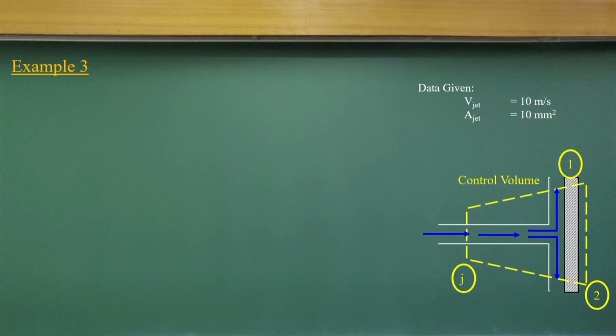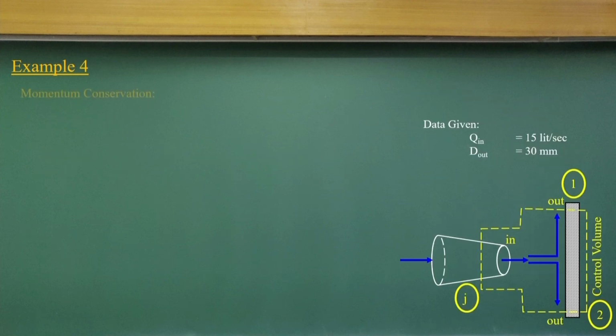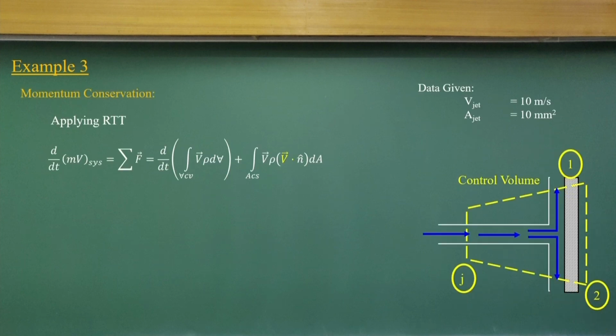Assuming that, we apply the momentum conservation equation, and it is a very simple thing. Momentum influx will equal momentum outflux. Applying the Reynolds transport theorem as the basic equation, the sum of the forces acting on this control volume will be the rate of change of the momentum flux storage within the control volume plus the net outflux of the momentum flux passing through the control surface.